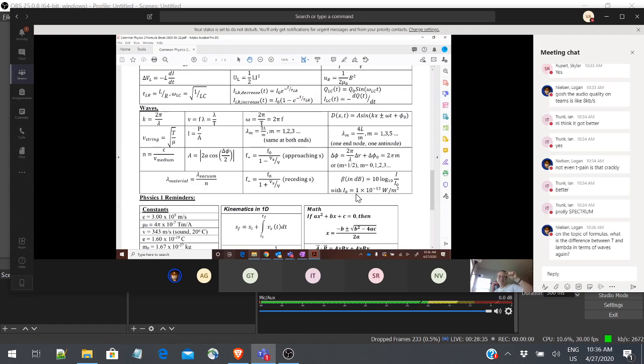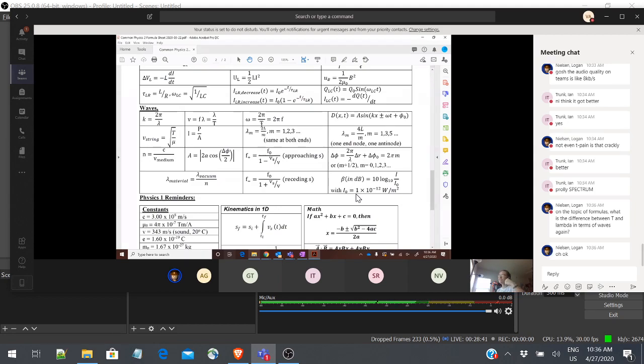So T is always measured in seconds or minutes or hours or something like that. Lambda is the physical distance between, like, my wave goes up and then down and then up again, right? And as that is happening, the crest is moving along.